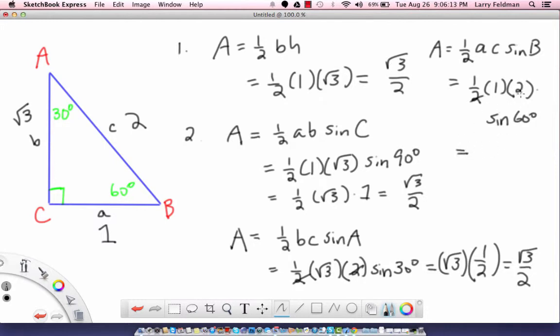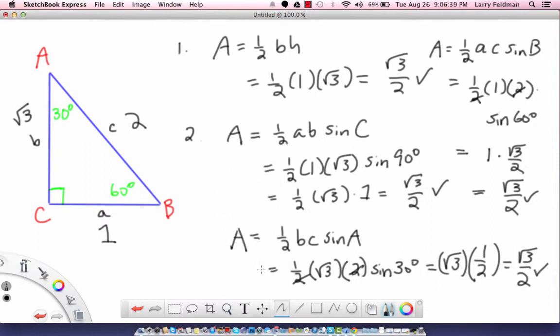Again, these cancel, and we get 1 times sine of 60. Sine of 60 is opposite over hypotenuse, so we get root 3 over 2. 1 times root 3 over 2 is root 3 over 2 again. So notice, same thing everywhere.